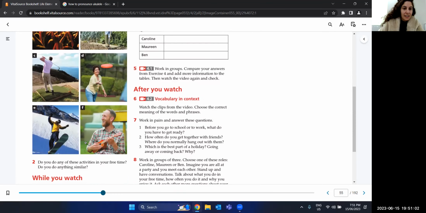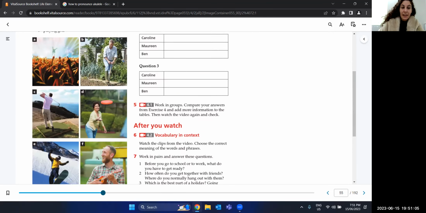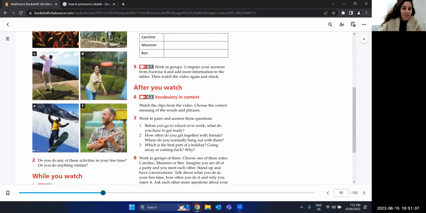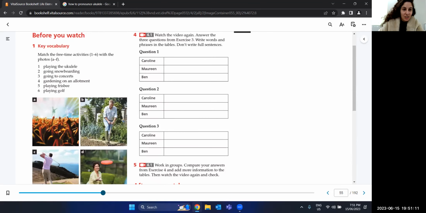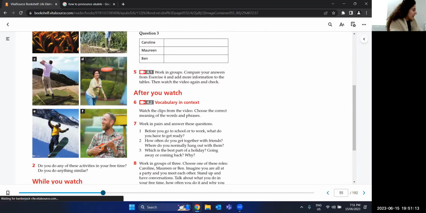Can we see an instrument in here? F. Yes, I think that's the ukulele. So one, playing the ukulele, is image F.